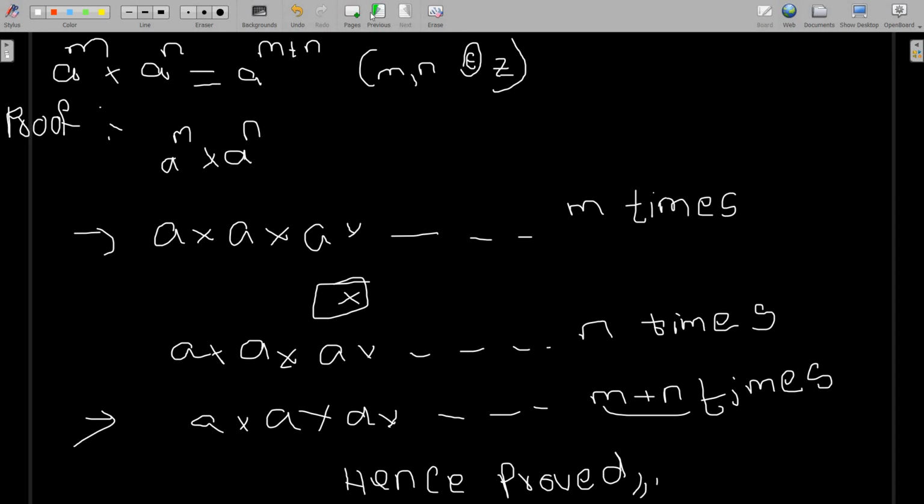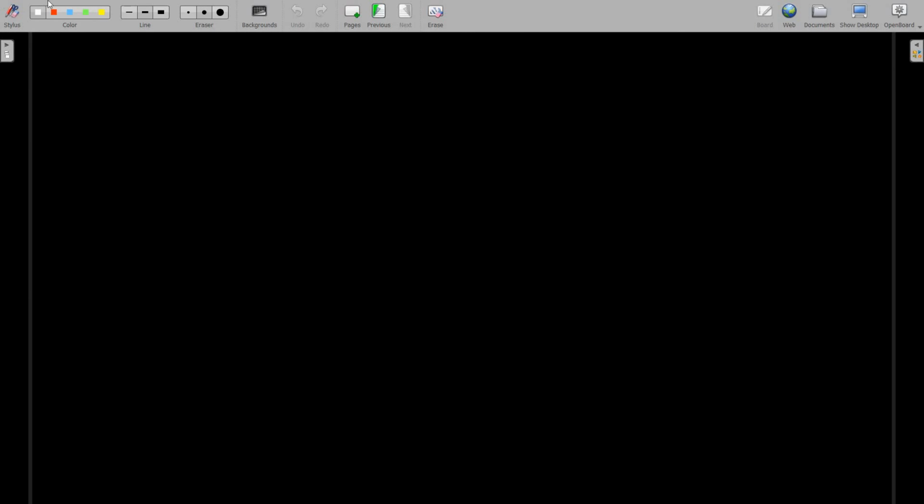So we are going to do some examples, or else we will do some problems here. First one, 2 power minus 3 into 2 power 4.